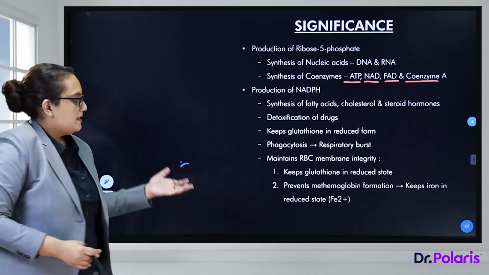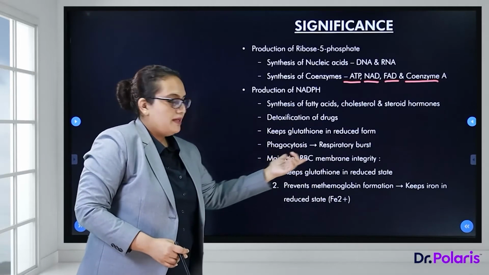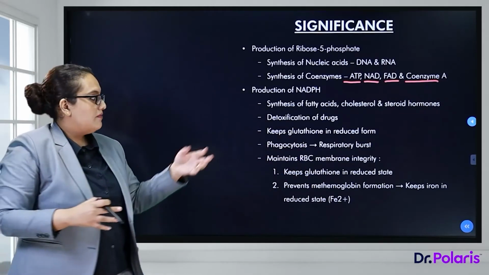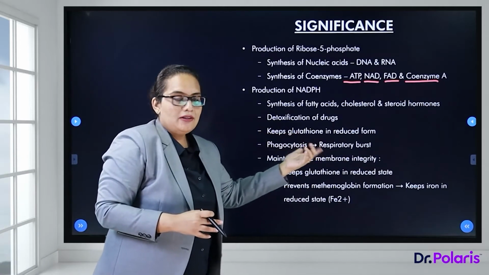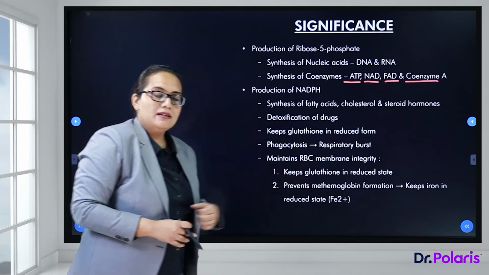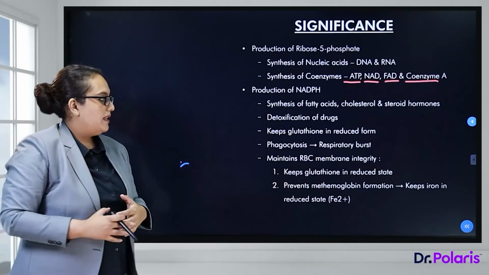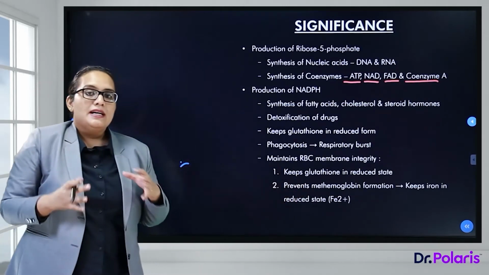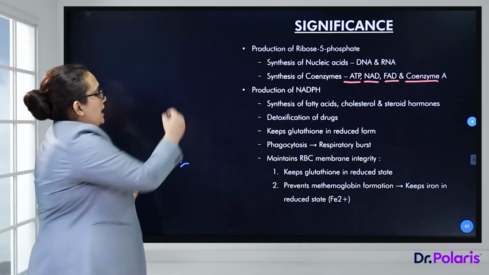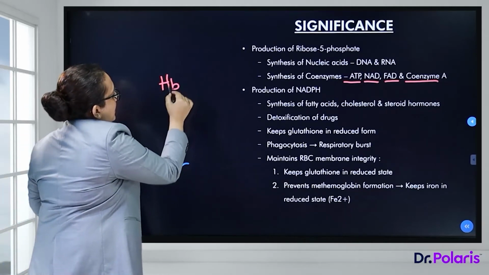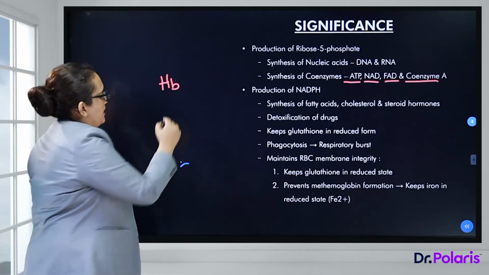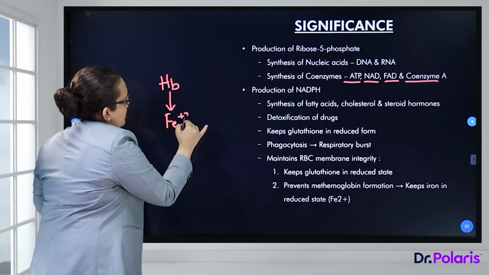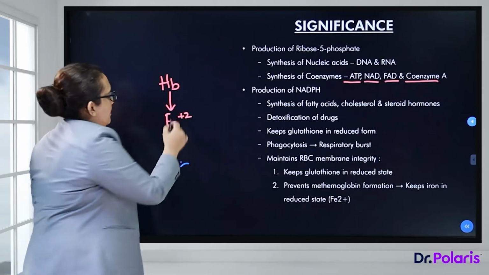The next one is, as I've already mentioned, RBCs are maintained or stabilized with the help of reduced glutathione. That is one important thing, how the RBC membrane is maintained. Other than that, RBCs contain hemoglobin, and hemoglobin contains iron, which is usually in the reduced form, Fe2+.